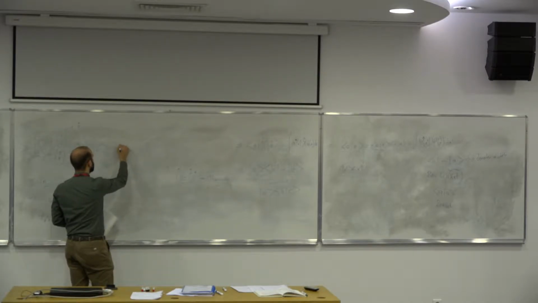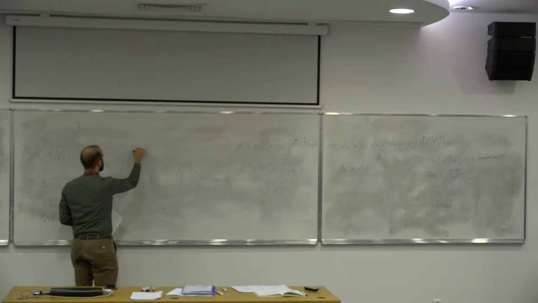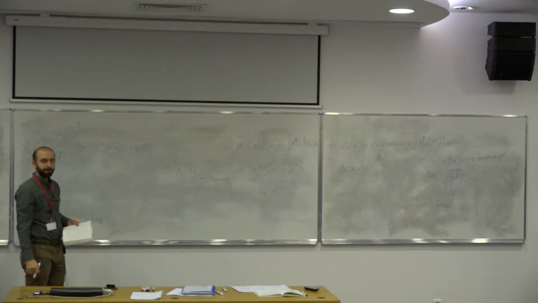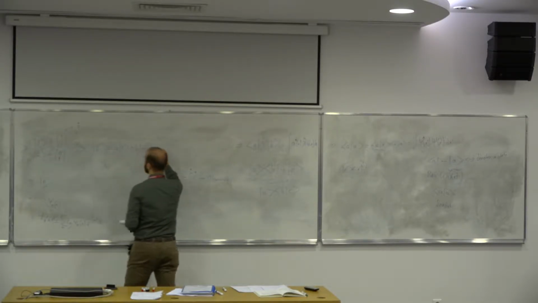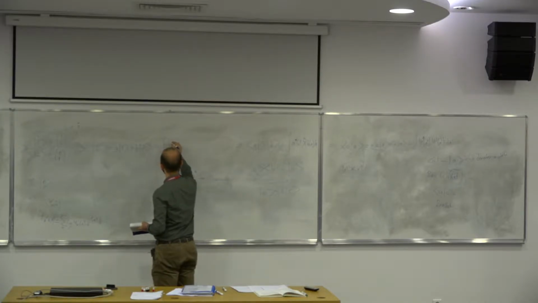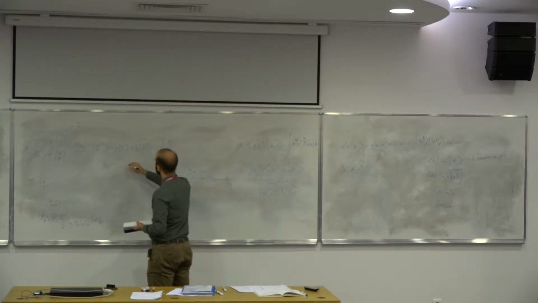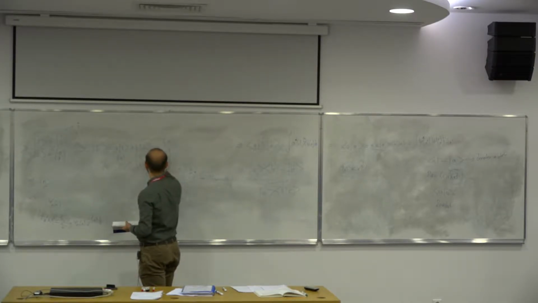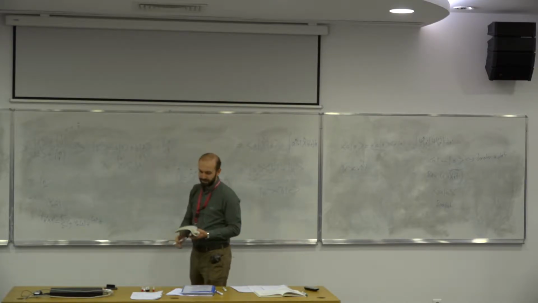So I have gamma equals A|1> plus B|2>. These are just arbitrary constants. If you like, I can denote this in vector form as (A, B), because this is (A, 0) plus (0, B). When I add up these two vectors, I get something like this.